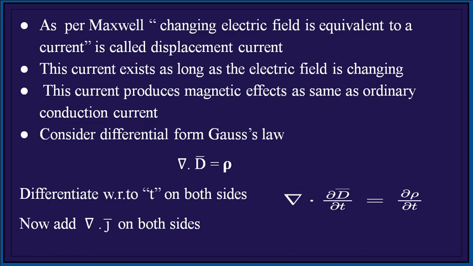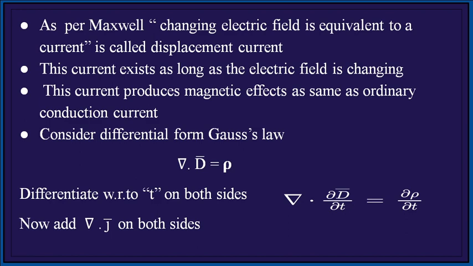Whenever the capacitor is discharging, the charge on the plates decreases, so the electric field strength around the plates decreases. So during charging and discharging of the capacitor, the electric field between the plates is changing. Since the electric field is changing between the plates, a current is existing between the plates. That current is nothing but displacement current.